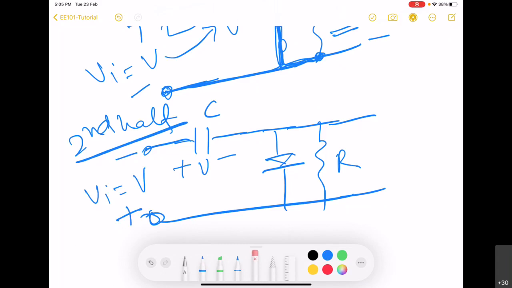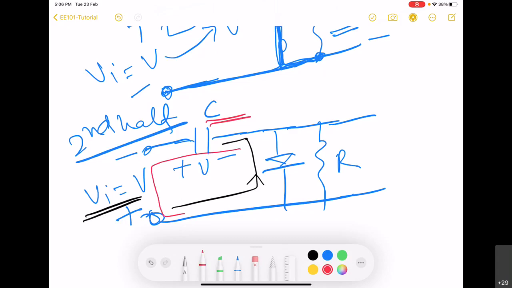Right? So now you can see that we have two voltage sources present in the circuit. Because of this Vi, there will be an electric field in this way. And because of C, there is going to be again an electric field in the same direction.